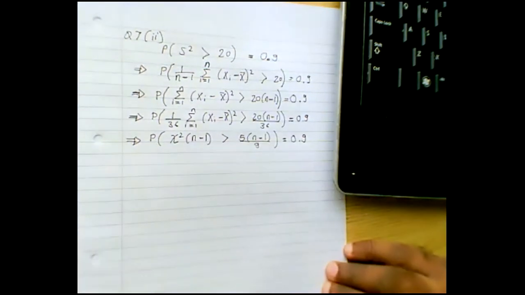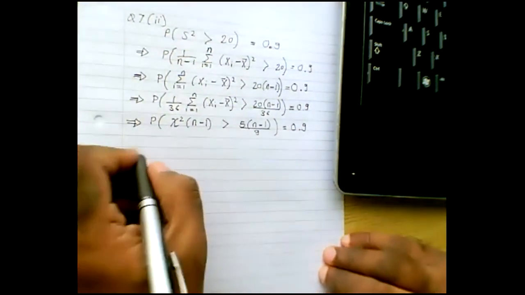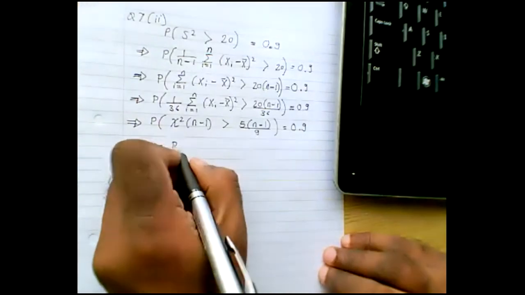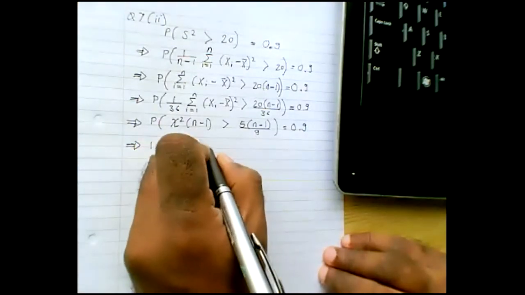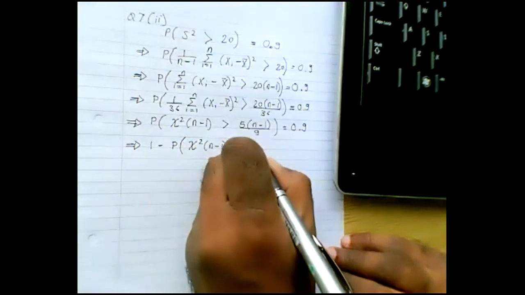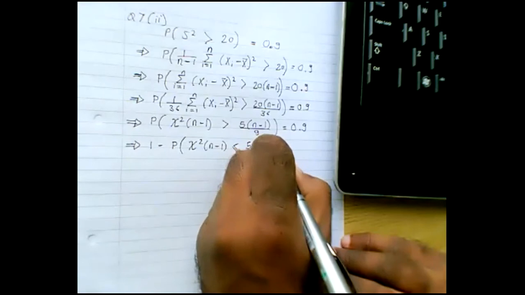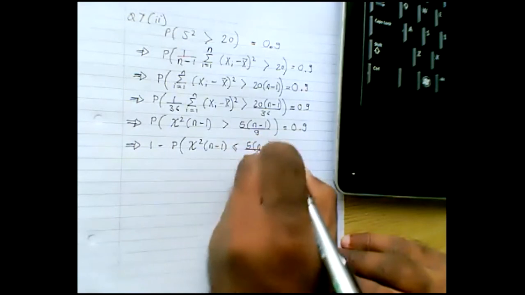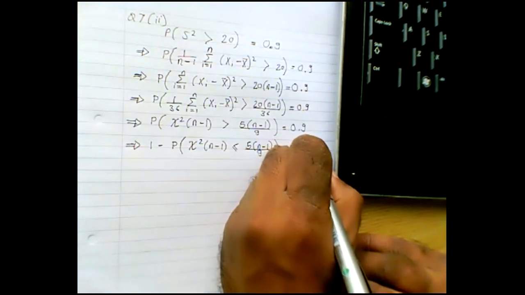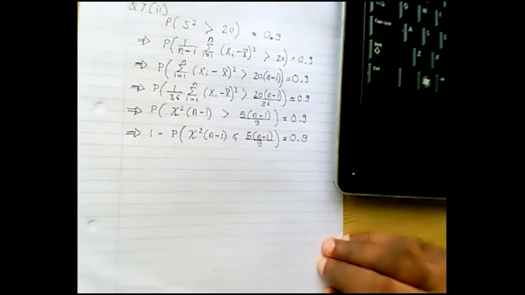Now I'm going to write the left-hand side as 1 minus the probability that the chi-squared variable is less than or equal to this.